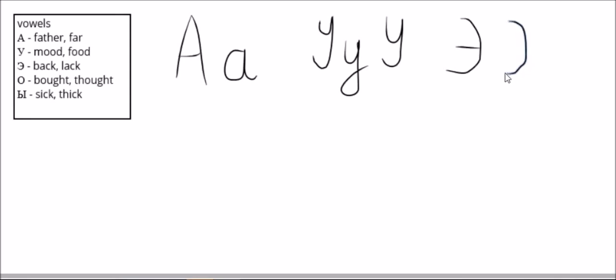I think your letters on paper with a pen look much prettier. Okay, E, and the lowercase E. Practice some more. You can practice after the video without any hurry. Next is O. Sorry, ugly. I'll try again. O, and the lowercase O. Easy.